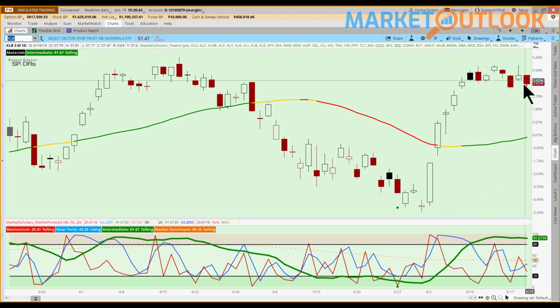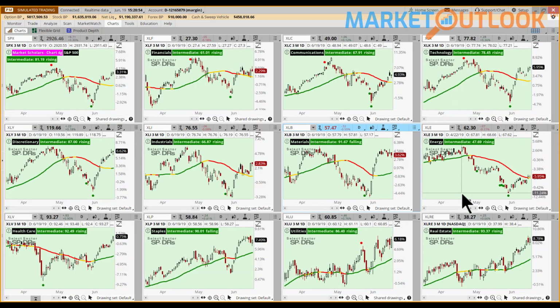But up here, that generally is perceived bearishly, again, assuming we have a follow-through day to the downside tomorrow. So let's keep our eye on materials. It seems like it is maybe a little bit concerning or a precarious area right here until it can break out above that candle back on April 17th.